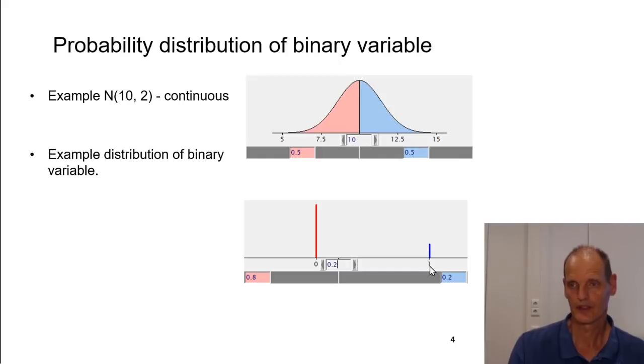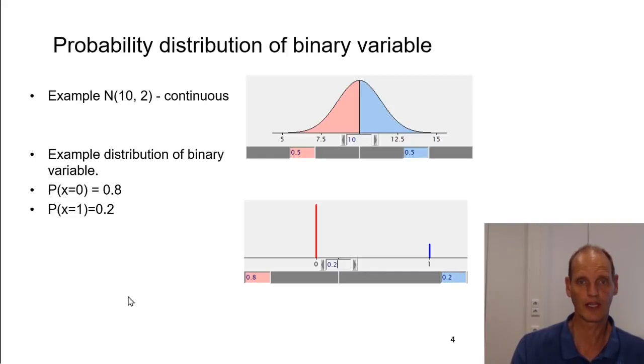And if we call the outcome 1 for infected animals and 0 for non-infected animals, then if the population proportion of infected animals is 0.2, then this probability must also be 0.2 and the other way around. So in this case, the probability that x is 0 is 0.8, the probability that x is 1 is 0.2, and the mean of x is 0.2. And you can calculate it as 0.8 times 0 plus 0.2 times 1.